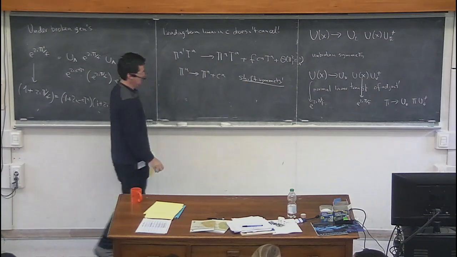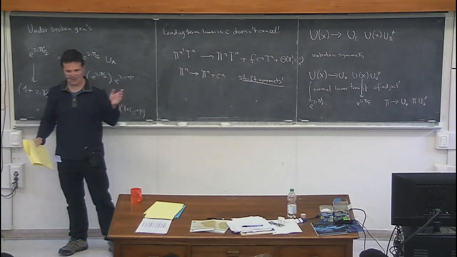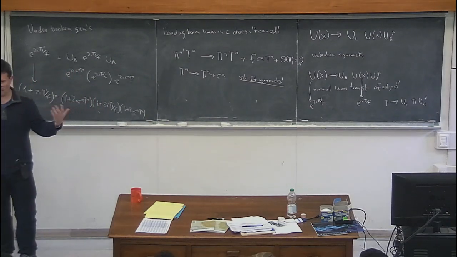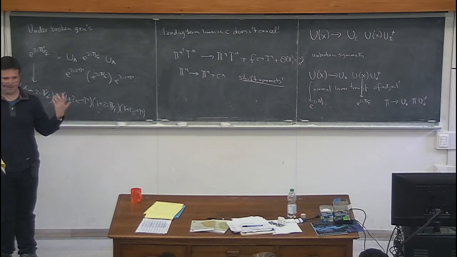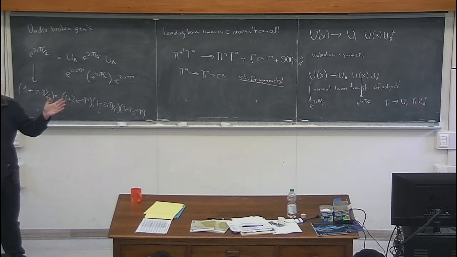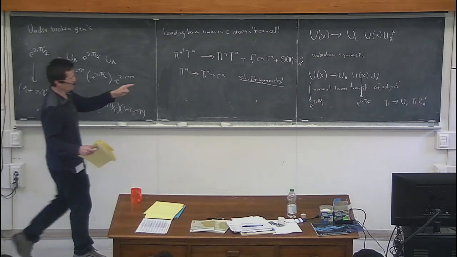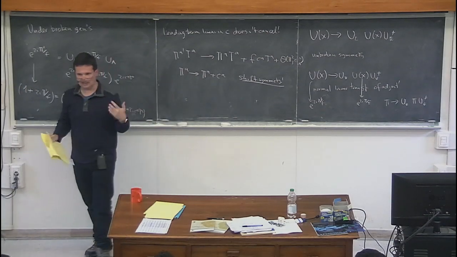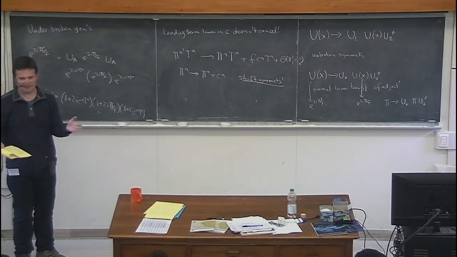And this is what tells you that there can be no non-derivative interactions for a pion showing up, at least as long as the pion is an exact Goldstone boson, because that would break the shift symmetry. It also tells you that the pion must be massless, since it cannot have any non-derivative interactions.